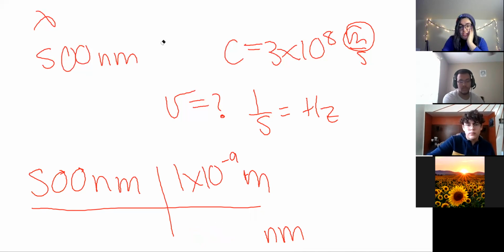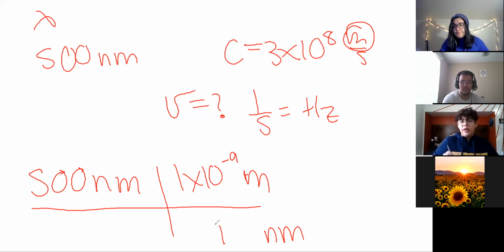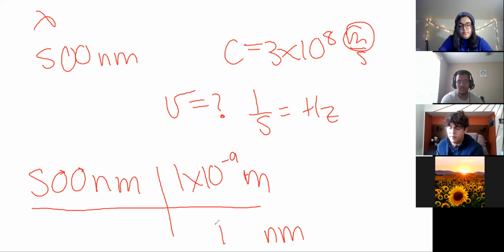But if you're going to put the times 10 to the 9 in the denominator, you have to use a positive exponent, because you're saying that there are 1 times 10 to the 9 nanometers in 1 meter, because you're counting how many small things fit in the big container, if that makes sense. Okay, so if you multiply 500 times 1 times 10 to the negative 9, what should you get?